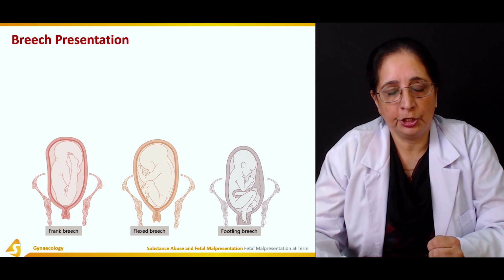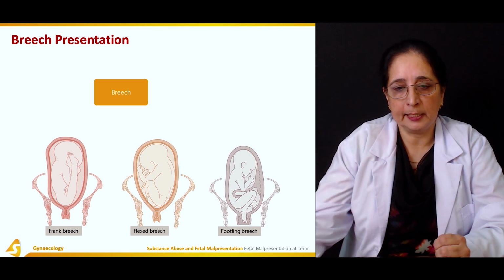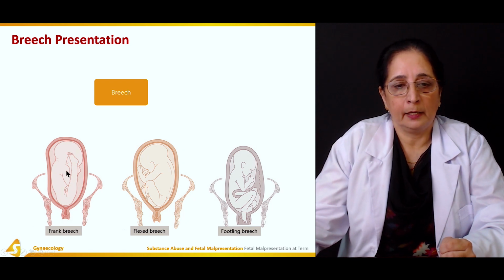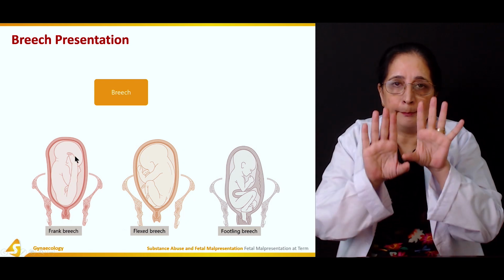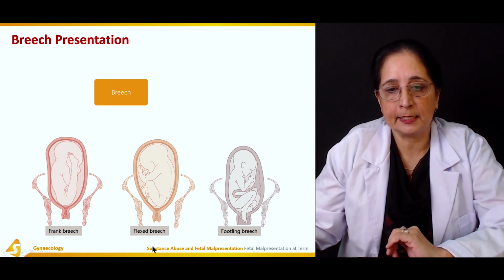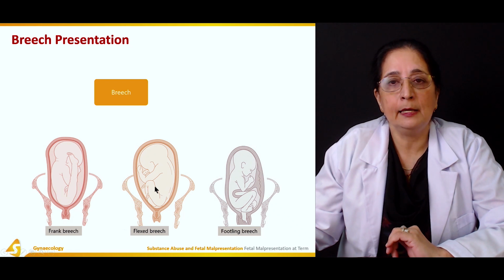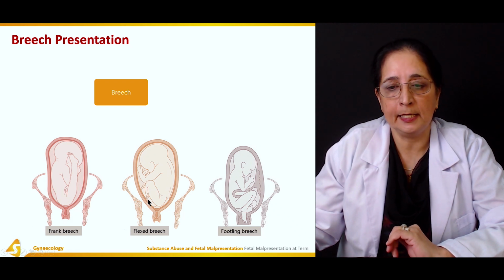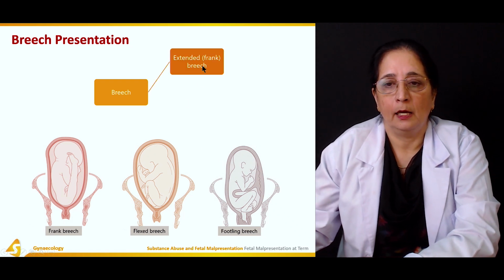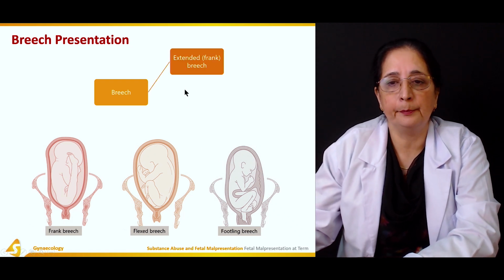These are the breech presentations. We have a frank breech, just the legs are completely extended like this. Then we have flexed breech, the baby's legs are flexed at the knee, and then the footling breech.